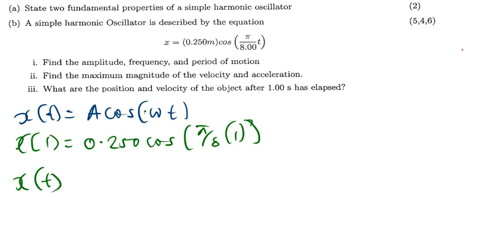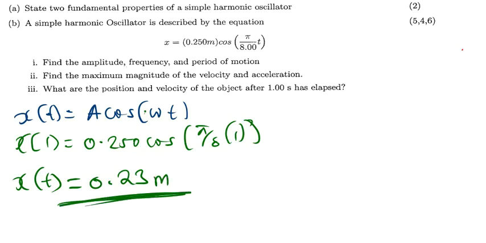Pi divided by 2, or divided by 8, sorry, then I close the brackets. So I'm getting the position as a function of time to be 0.23. Now this position is in meters.